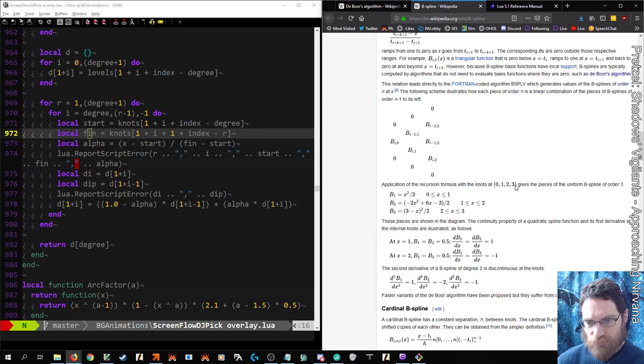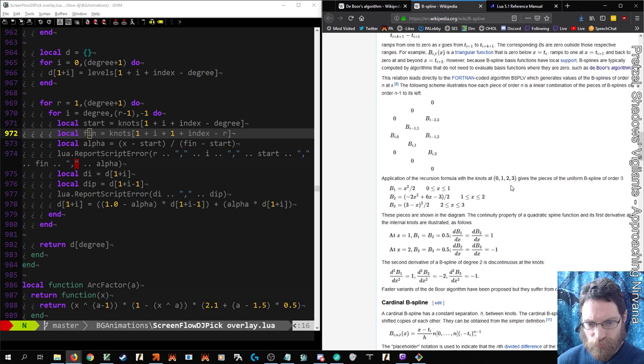Zero, 1, 2, 3. Order 3. What does order mean?